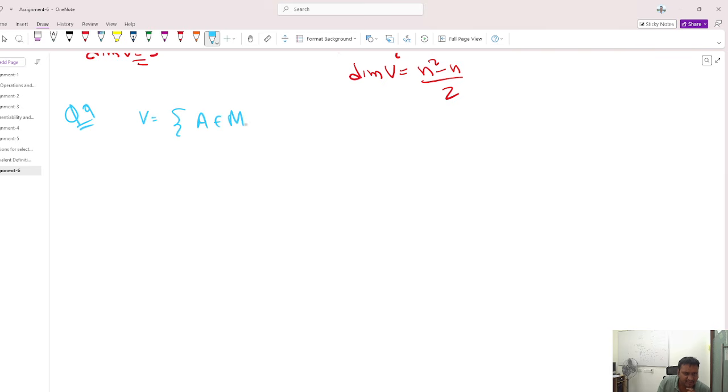Take A in M3R such that A inverse exists. What you have to do is, if the inverse of this matrix exists, you have the property that A into A inverse is identity. This is equal to A inverse into A. This will give rise to some equations.